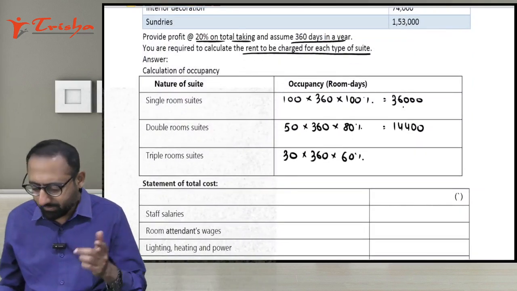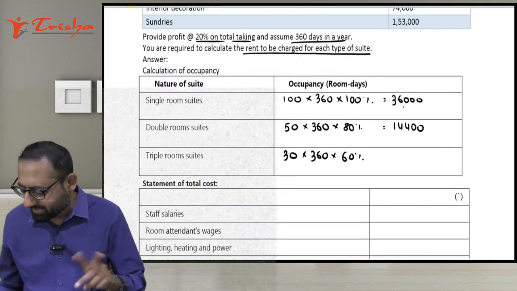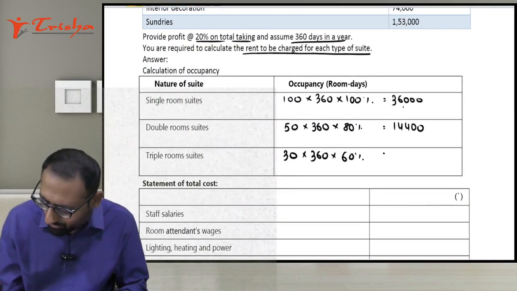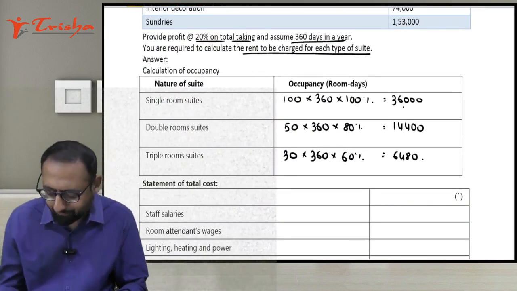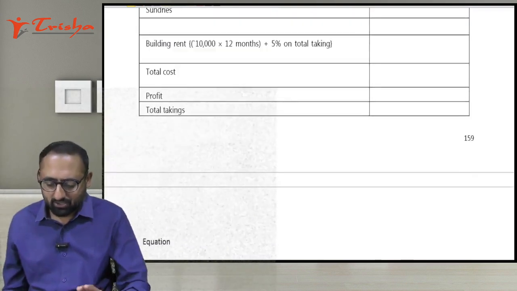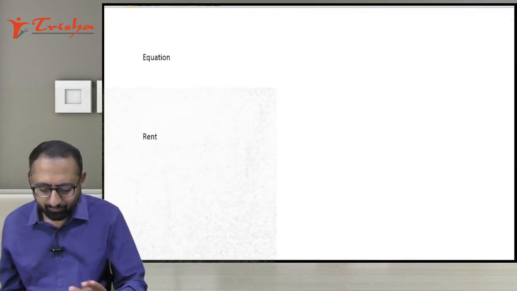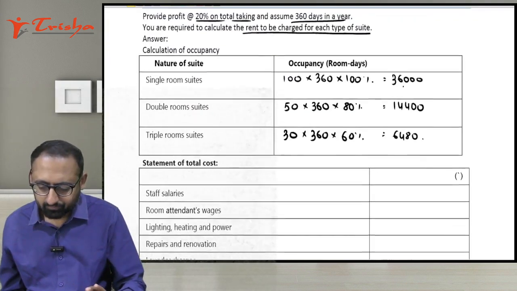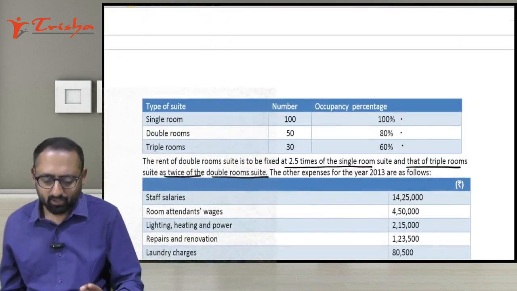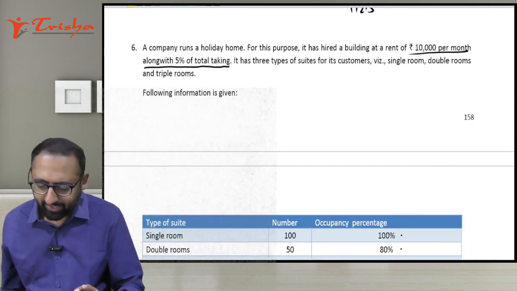So 30 multiplied by 360 multiplied by 60%, your answer comes to 6480. Perfect. Let's move ahead.